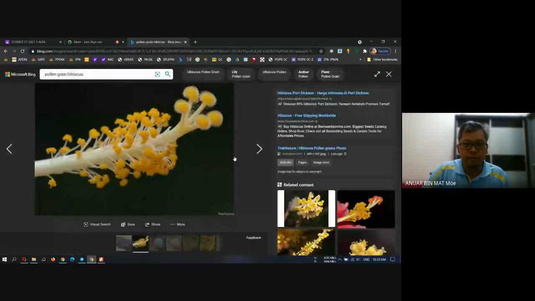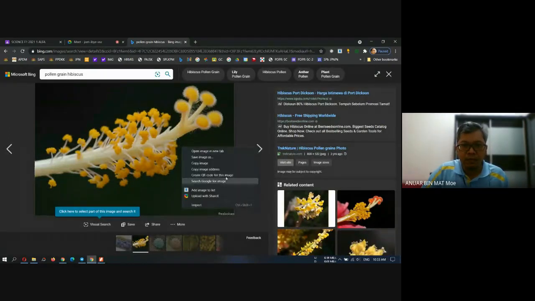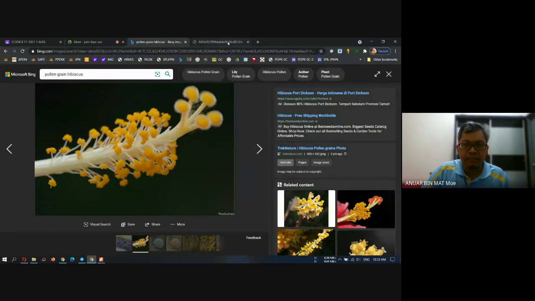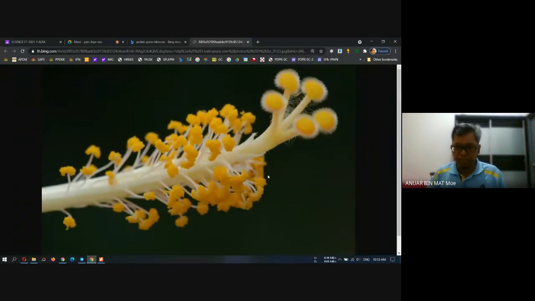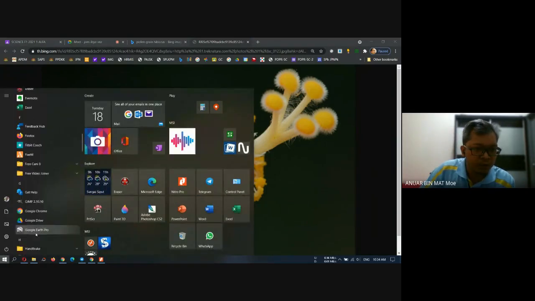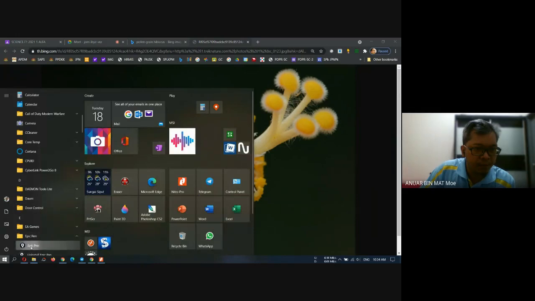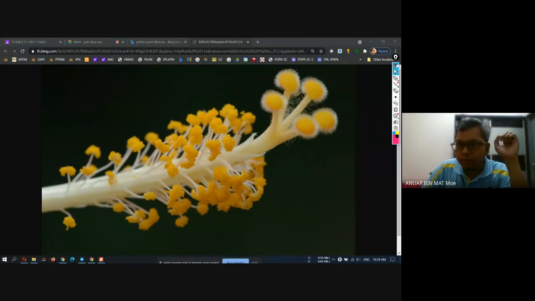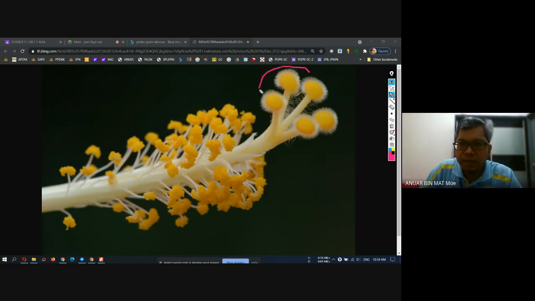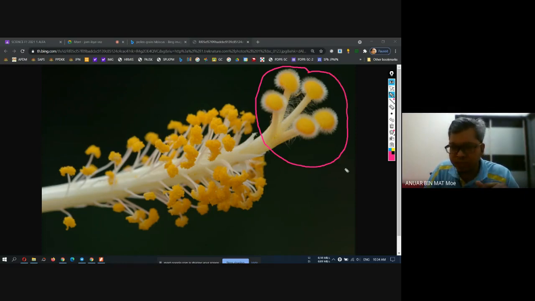This is the flower of hibiscus. I want you to identify this part over here, the real picture of a hibiscus flower.